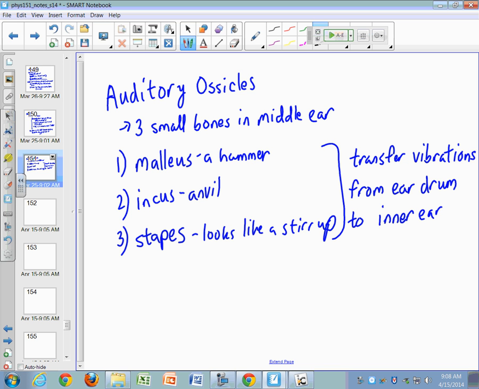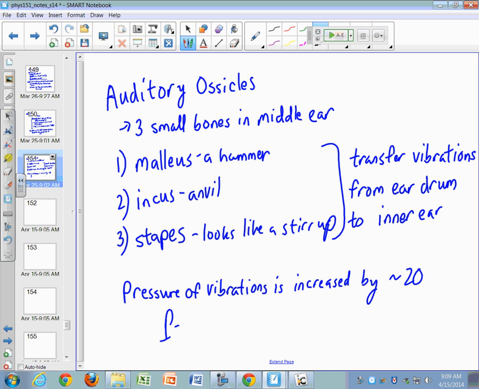You actually get an increase in pressure from the eardrum to the inner ear by about a factor of 20. Right? So the pressure of the vibrations is amplified by about 20. And the reason they're increased, remember our definition for pressure is force over area.